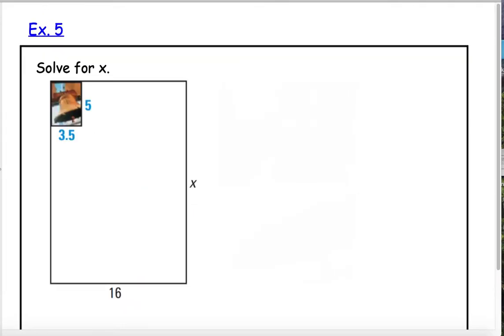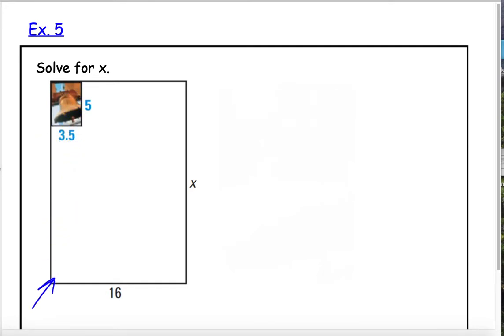All right, so now we have an example of two similar figures, and we can solve for a missing side, now that we understand what similar polygons means. So notice, this smaller picture was enlarged to make this bigger picture. So we have the Liberty Bell here, which is 3.5 by 5 units.